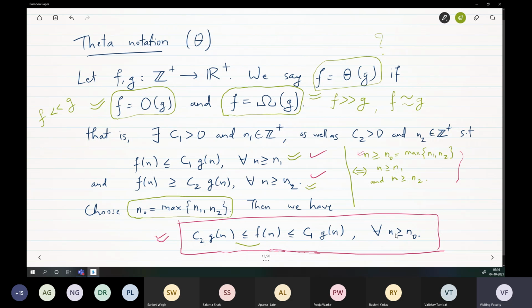And for all n greater than or equal to n naught, the second inequality is true. So then again you can say f is big O of g(n) and f is big omega of g.